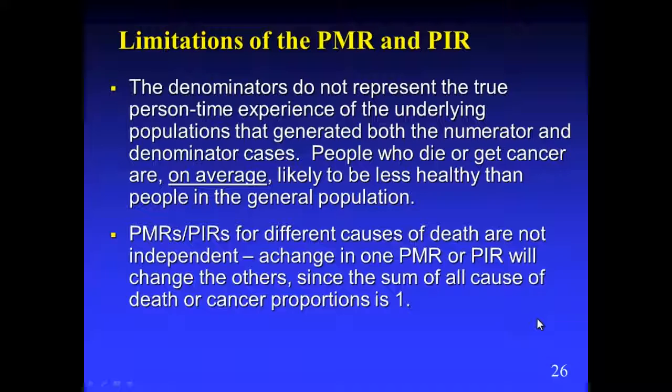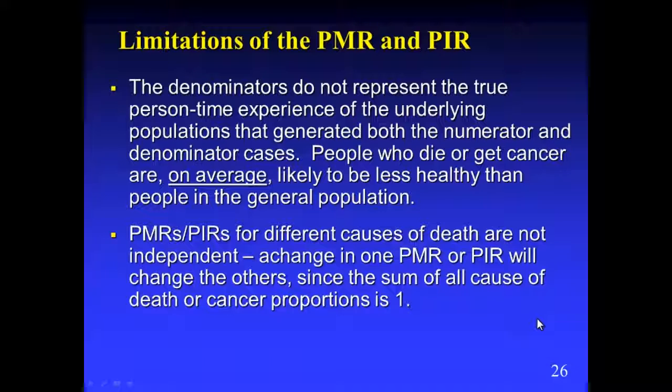If we're trying to estimate an incidence rate ratio, then we want to estimate the person-time distribution in the underlying population. But people who get cancer and people who die are on average less healthy than the general population, so they don't estimate it extremely well.